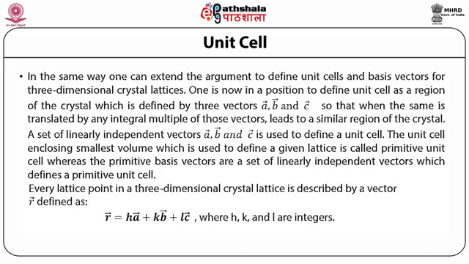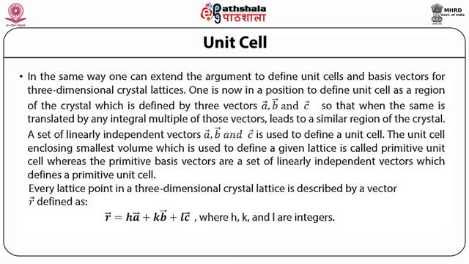One is now in a position to define a unit cell as a region of the crystal which is defined by three vectors A, B, and C, so that when the same is translated by any integral multiple of those vectors, it leads to a similar region of the crystal.